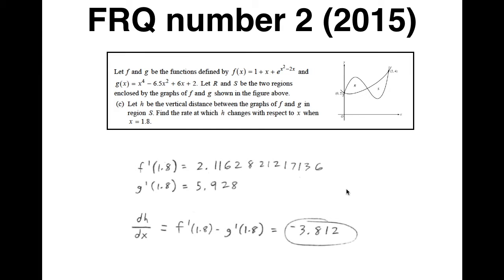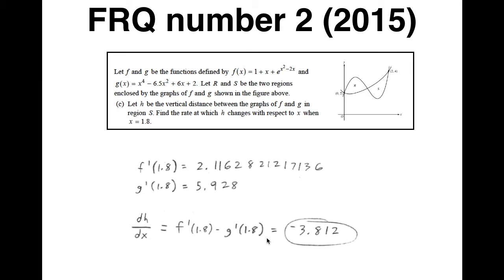The first student found that if he defines a function h as f minus g, which is good, then the rate of change of h is going to be h prime equals f prime minus g prime.